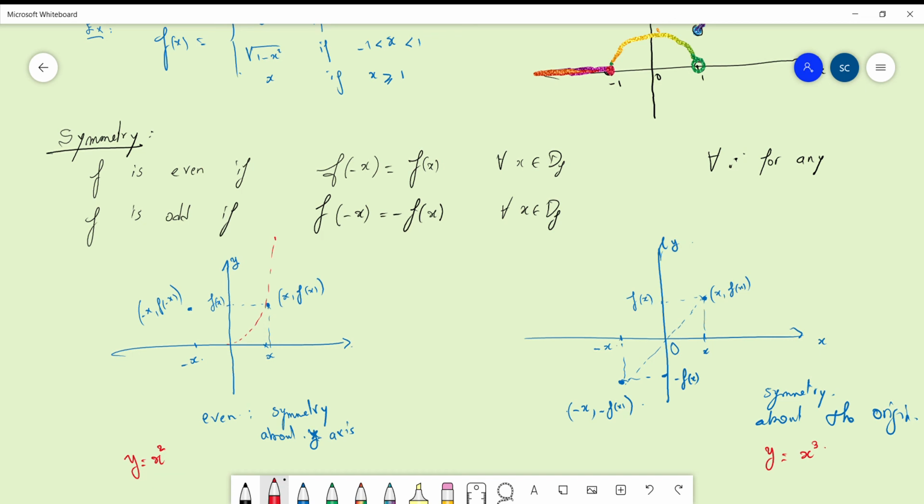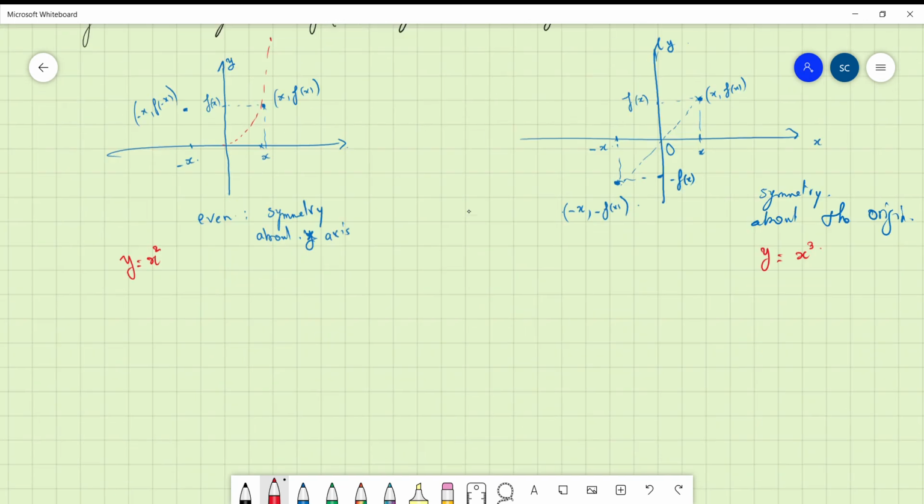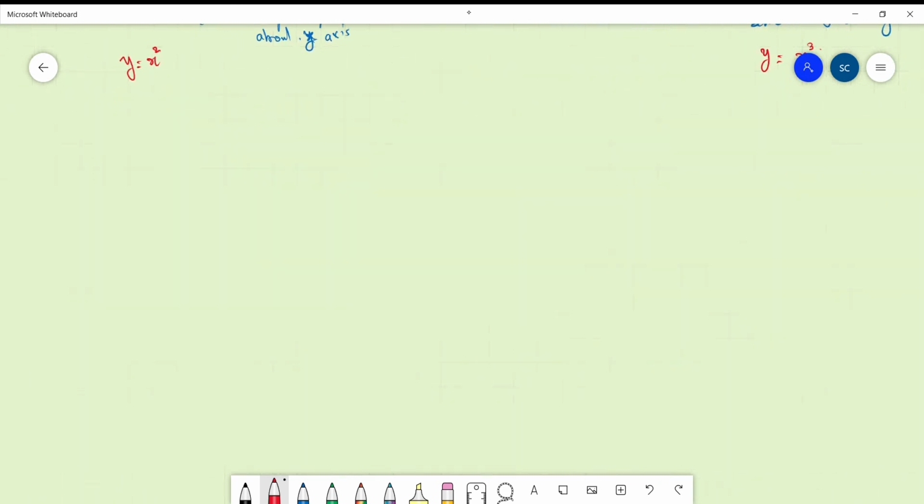So the study that involves many calculations is reduced to the half domain from 0 to plus infinity, for example. Okay, so this is something interesting.